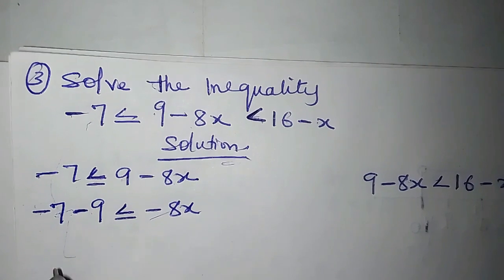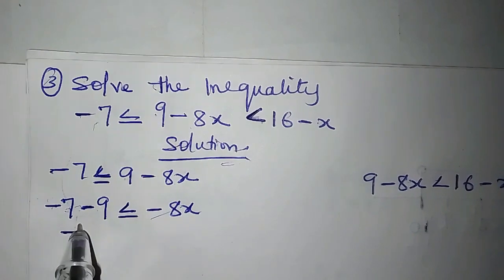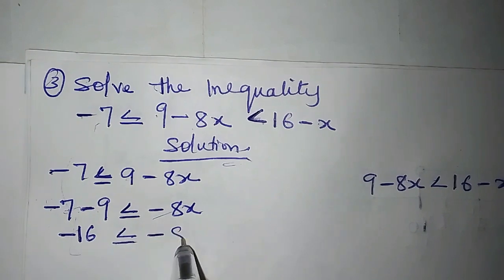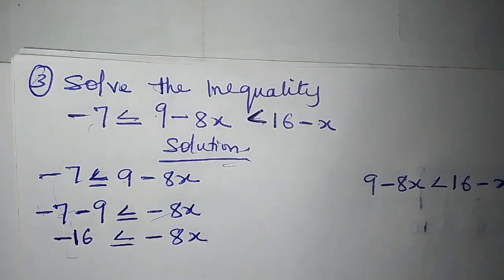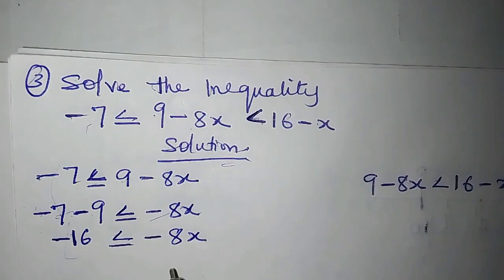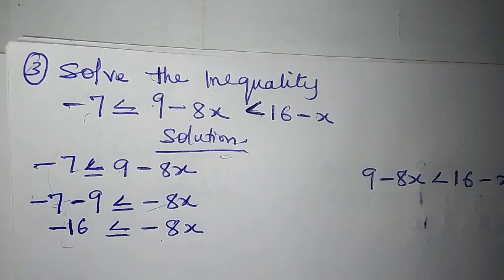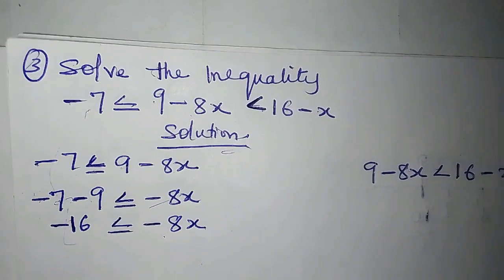Minus 7 minus 9 is minus 16, which is less than or equal to minus 8x. So we are looking for x. I'll have to divide both sides by minus 8. And since I am dividing by a negative number, the inequality sense will be reversed.